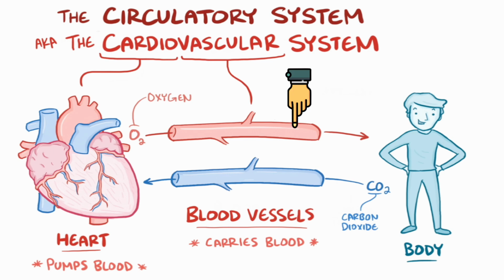The arteries carry the oxygenated blood to the different organs within the body, and the veins carry the deoxygenated blood. Once the oxygen has been absorbed by the body tissues, the deoxygenated blood is carried back to the heart, where it gets oxygen, and then this oxygenated blood is again pumped to the different tissues of the body, and this cycle keeps happening rhythmically.